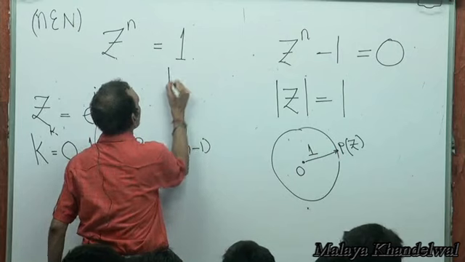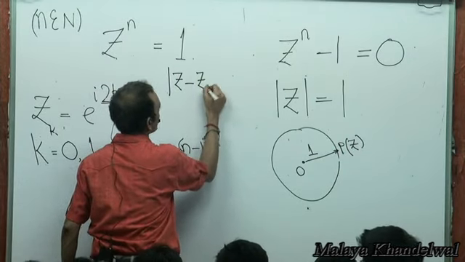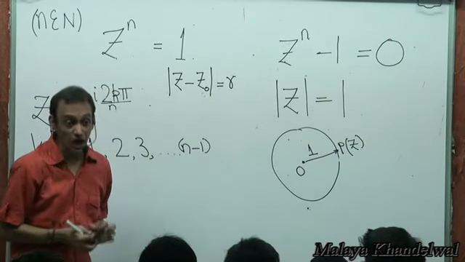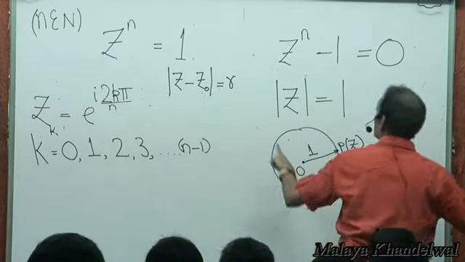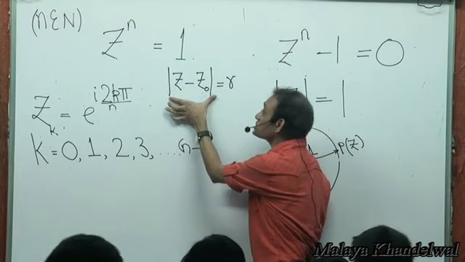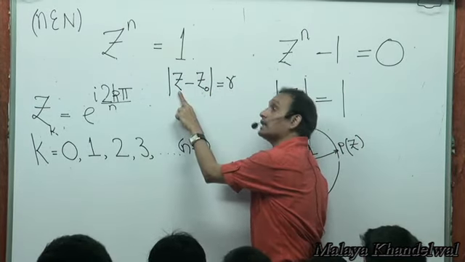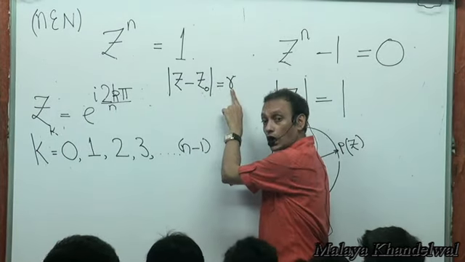If I said mod z minus z naught equal to r, what does this mean? Z naught is a fixed complex number. Z is a moving complex number. It means z, a moving complex number, is such that its distance from z naught is always r. That means z lies on a circle centered at z naught and radius r, right?